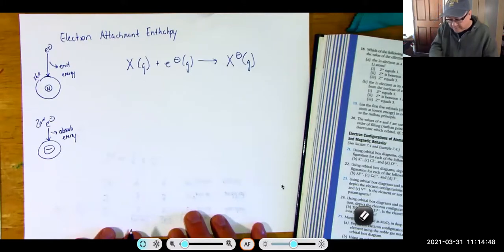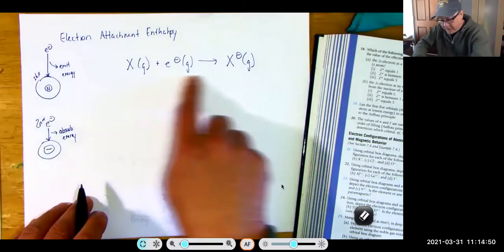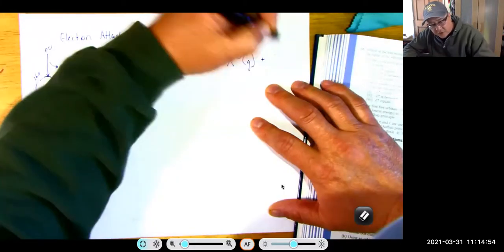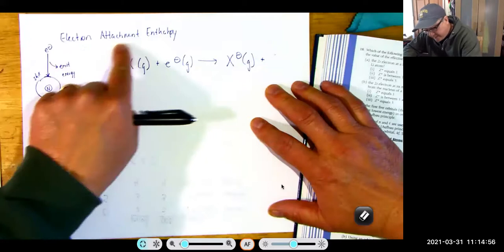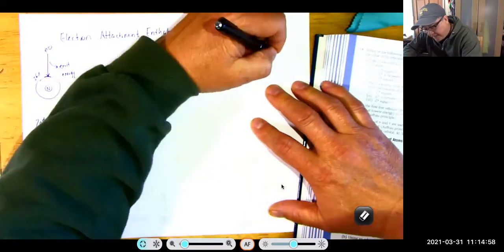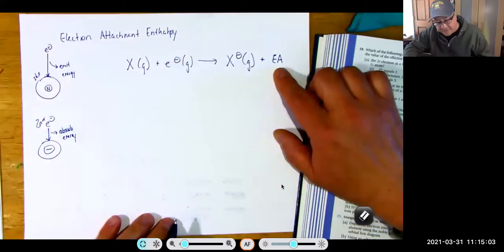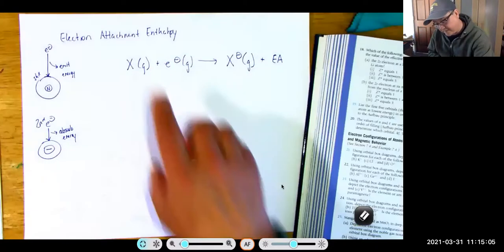Okay, so here we're going to put plus electron attachment enthalpy. I'm going to put EA. Now, this is going to be a negative value, right?